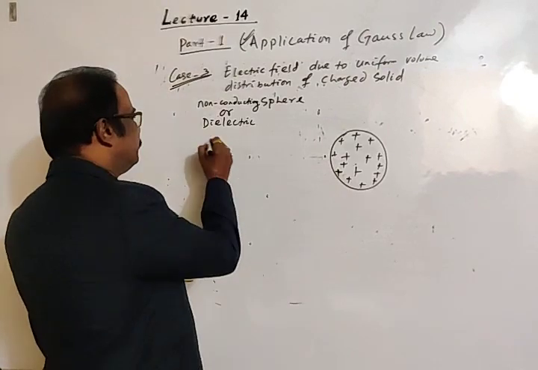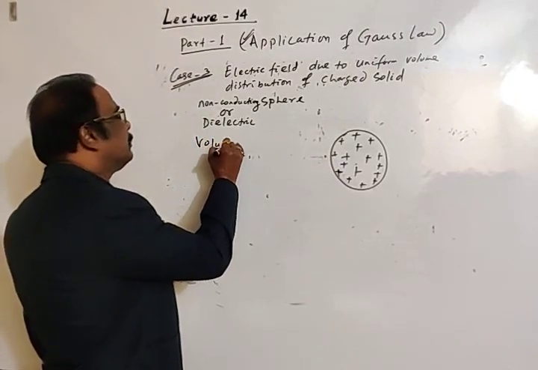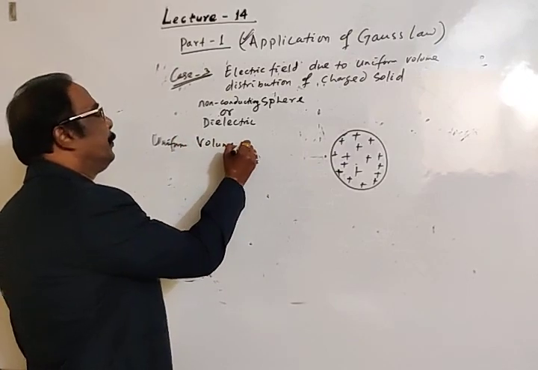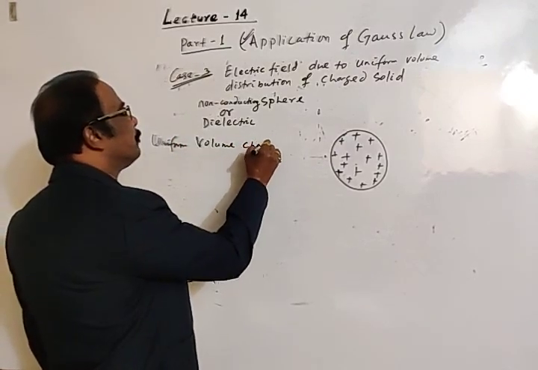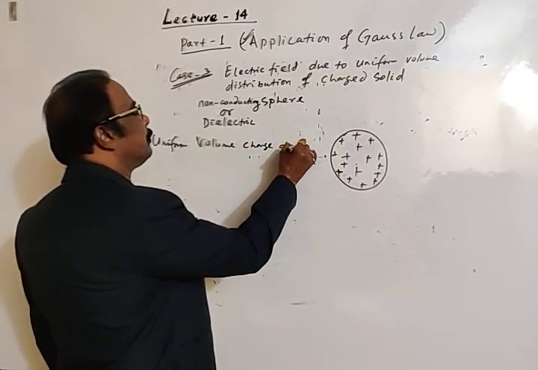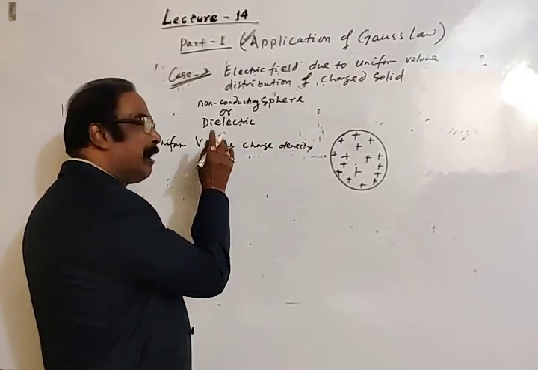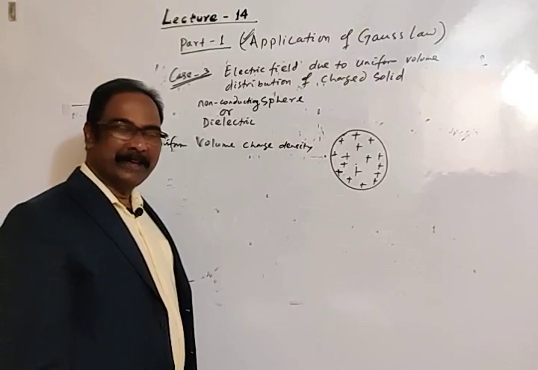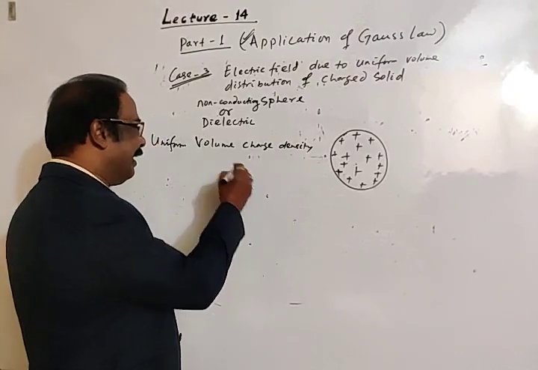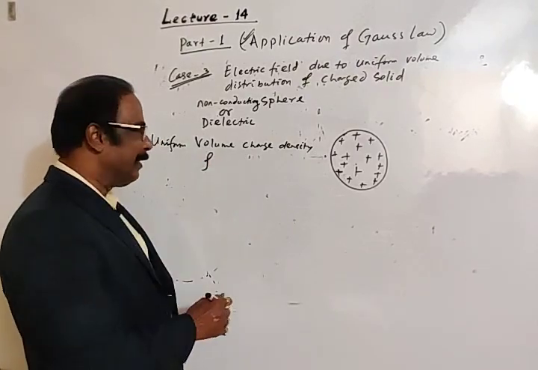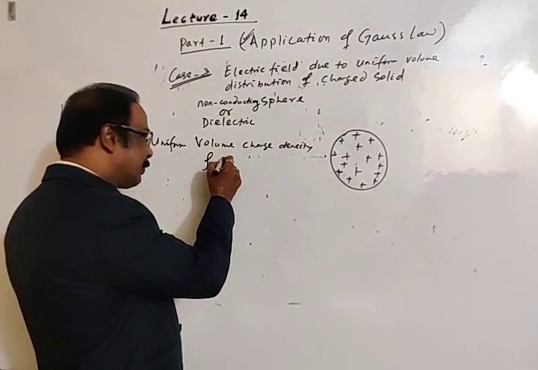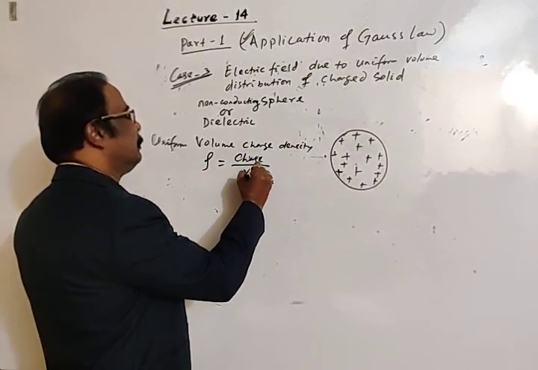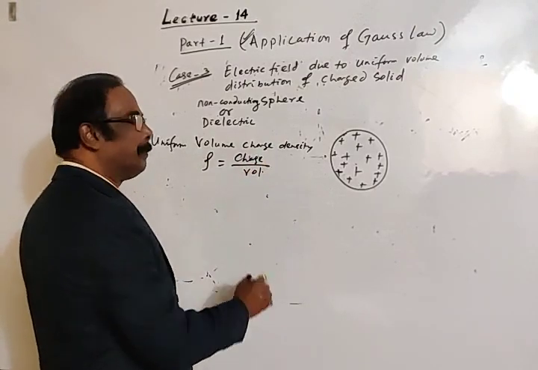Let the uniform volume charge density be... We have taken sigma as uniform area charge density, charge per unit surface area. Let's take here rho. Uniform volume charge density is rho, that is charge per unit volume.